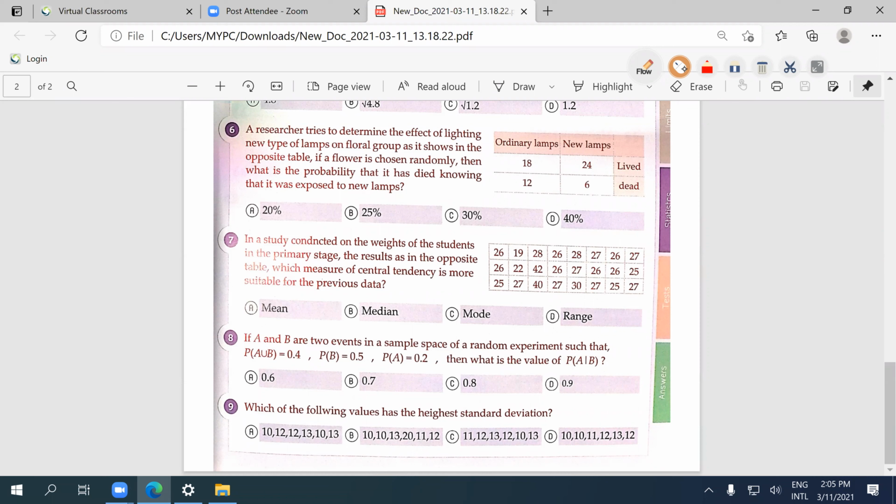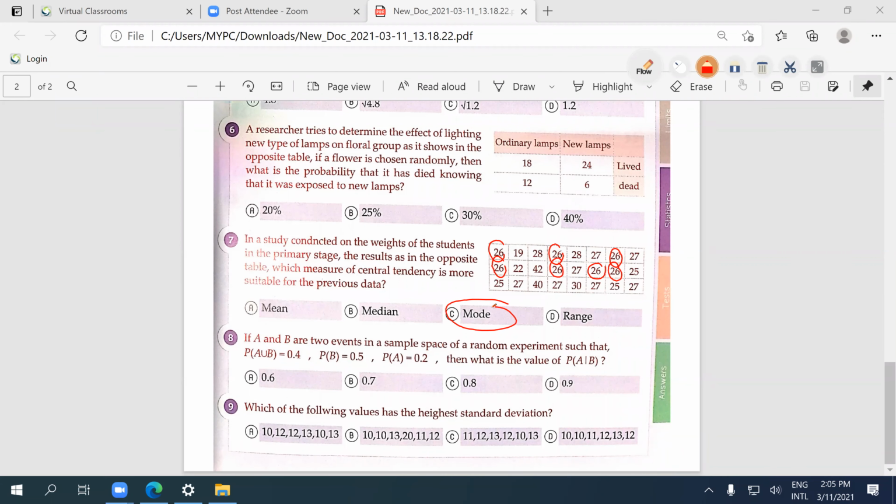We said that if we have a repetition, it's better to use the mode, and it's very easy. As you see, going by columns, we have 26, 26, and then 26 and here 26. So 26 is repeated. If you have a repetition like this, it's better to use the mode, and it's the easiest way.